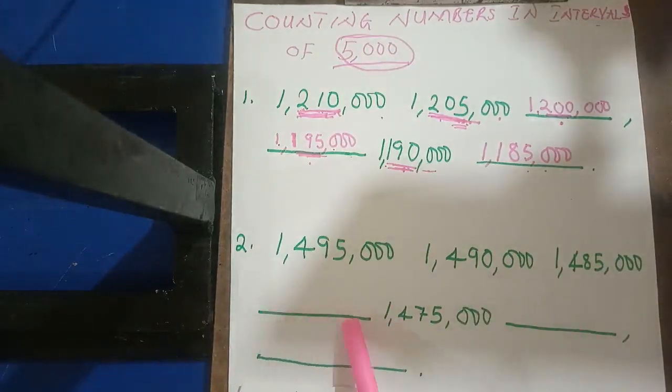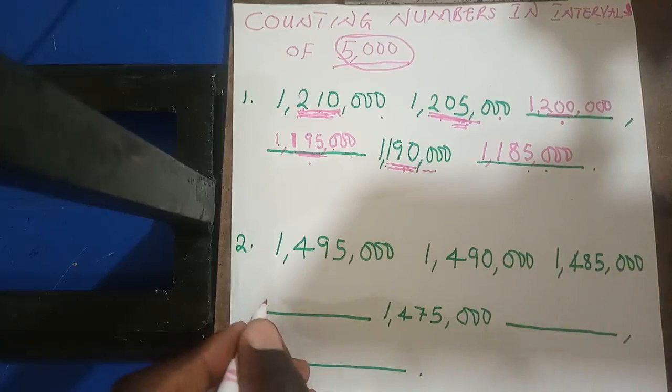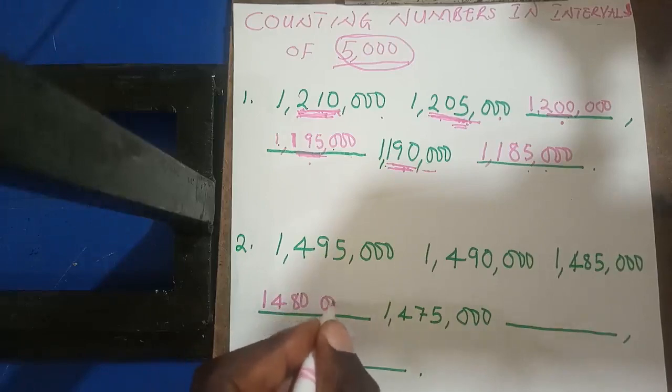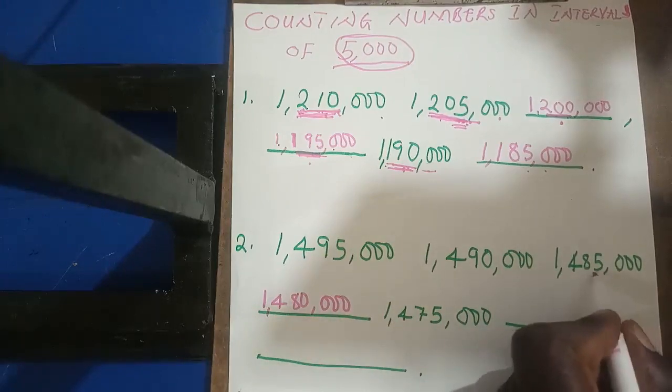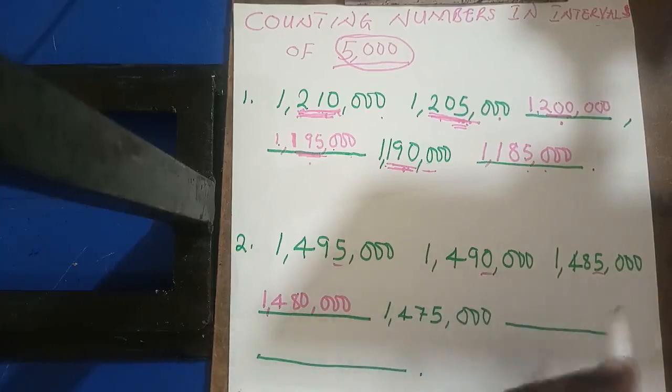Therefore, there is a gap after 1,485,000. Now we need to reduce by 5,000. Therefore, we are going to have our figure here, 1,480,000. So we have reduced by 5,000, because the numbers are reducing by 5,000, 5,000, 5,000.